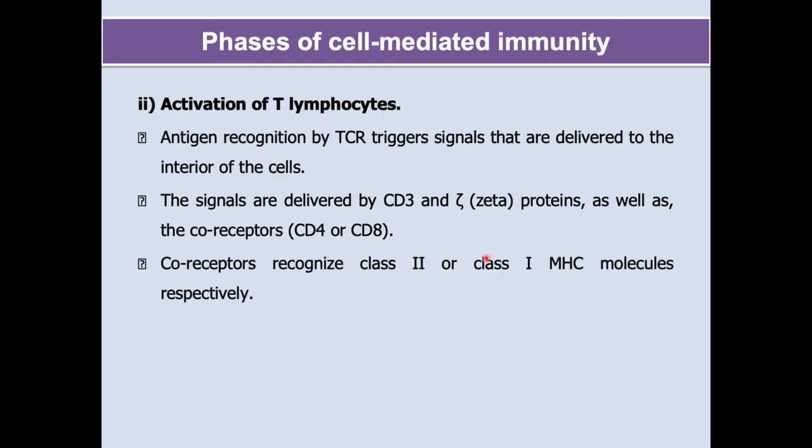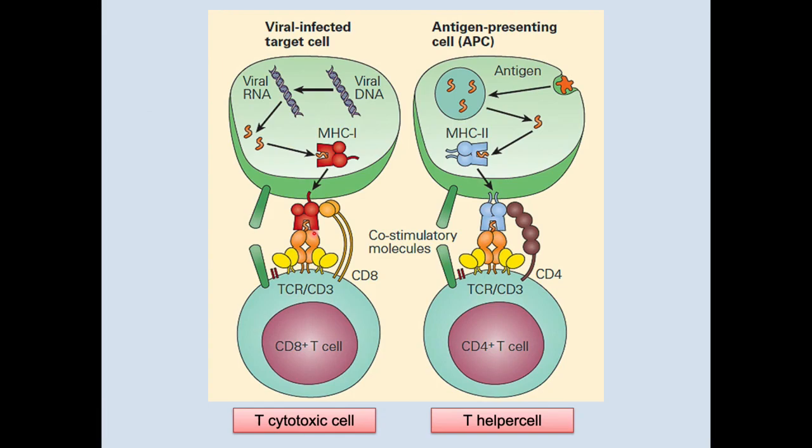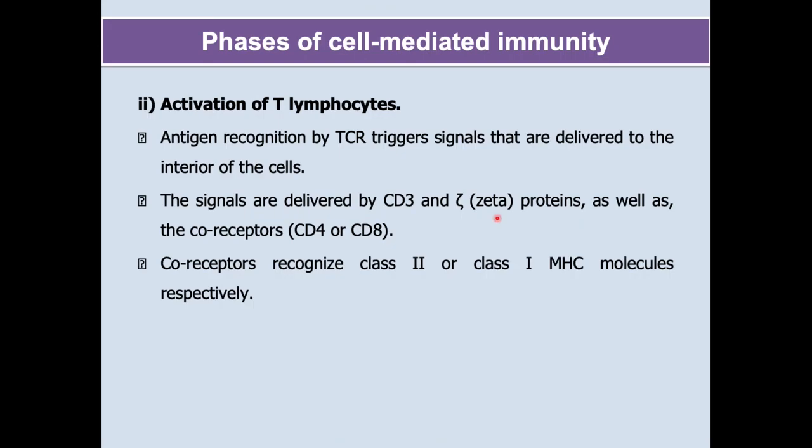And the zeta protein as well as the co-receptor, either CD4 or CD8. The co-receptor recognizes class 2 or class 1 MHC molecule. CD4 recognizes MHC2 and CD8 recognizes MHC1.